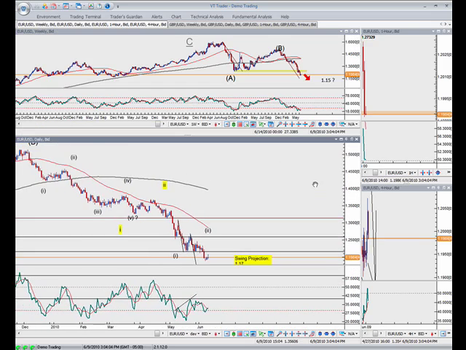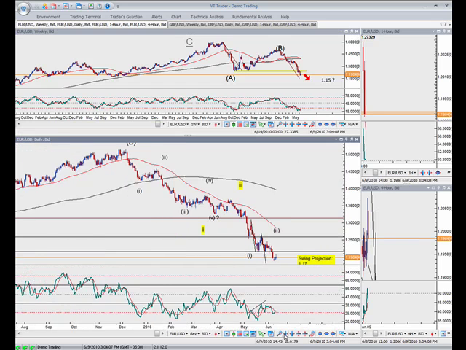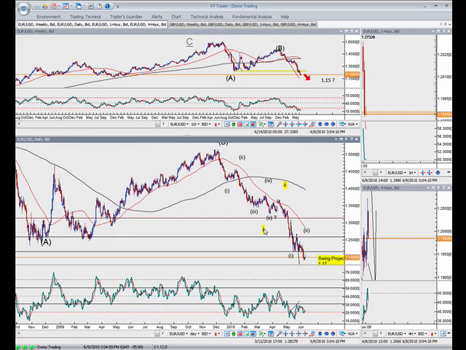these are all possible counts. Basically, we may be done with 1, 2, and this may be a third wave of our C wave. So we may be in the middle of the third wave of our C wave. The speed of this decline makes me inclined to categorize this as the third.